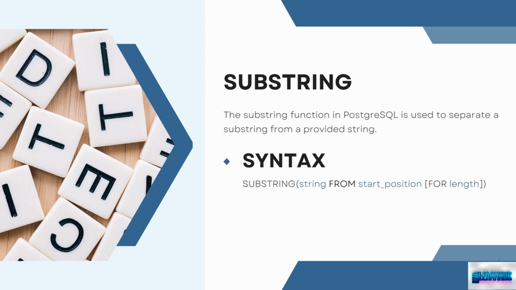The function takes a string as its first argument and extracts a substring starting from the specified start_position. The start_position parameter is a one-based index that specifies the position at which the substring starts. If the optional length parameter is provided, the function will extract a substring of the specified length.